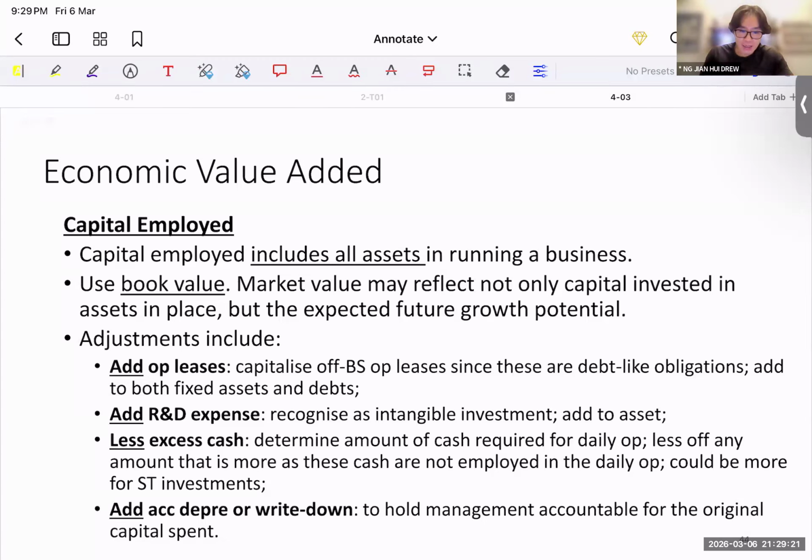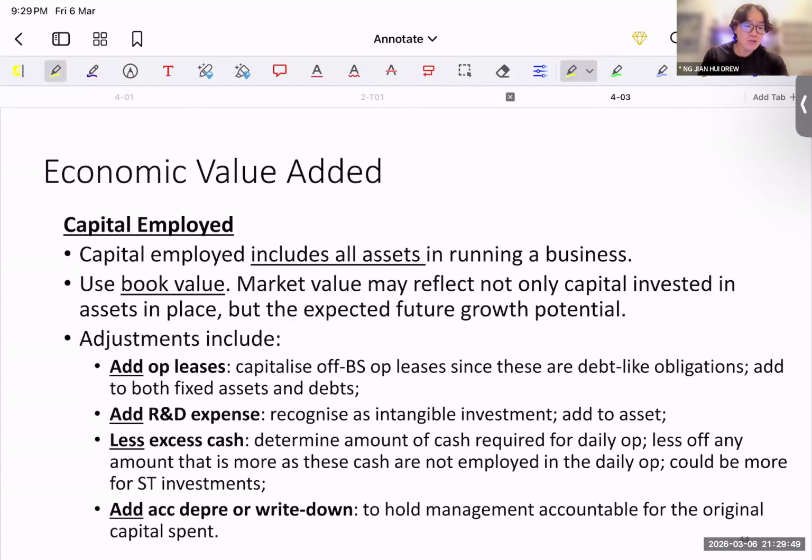For capital employed, again, this slide has been a bit amended. I want to provide you more examples, more adjustment details, right? So capital employed includes all assets used to run the business. Because our economic value added is like your FCFF, which is your equity plus debt. And when you have equity plus debt, we want to consider both assets and liabilities.